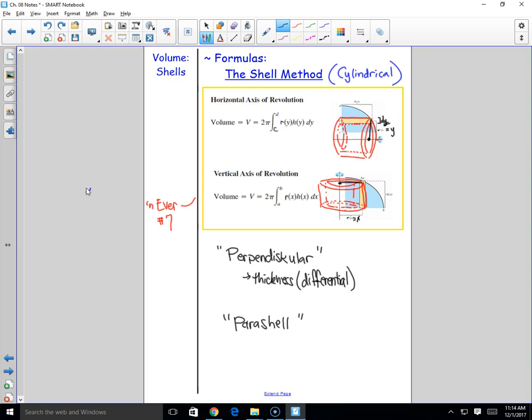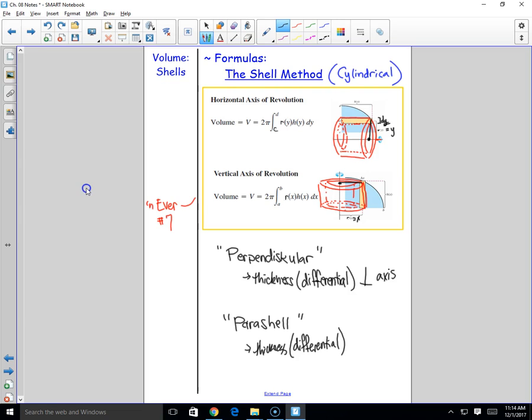The thickness is perpendicular to the axis of revolution, right? And then for the parallel, if I'm doing the shell method, the thickness, which relates to the differential, which of course determines whether I'm in terms of x or in terms of y.